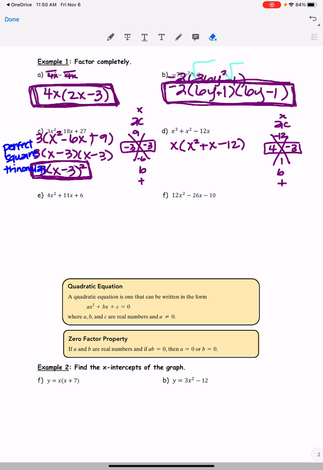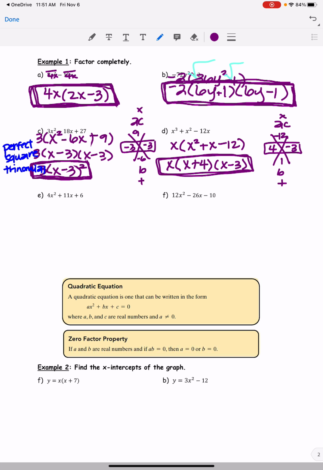If you do negative 4 and 3, that still multiplies together to become negative 12, but then that adds up to a negative 1, and I need a positive 1. So watch the signs. So because this is an easy one, I can just go straight into my factor. So I'm going to bring down my GCF of X, and this becomes X plus 4 and X minus 3.